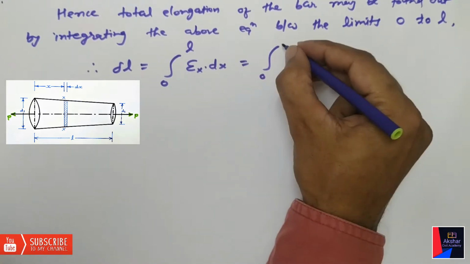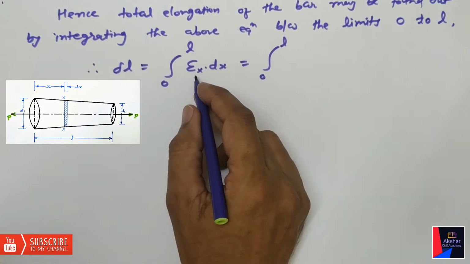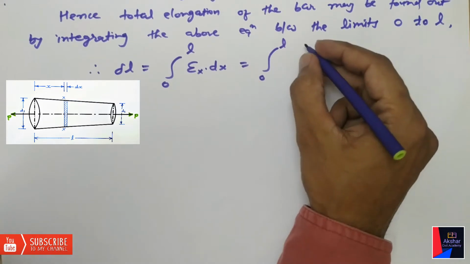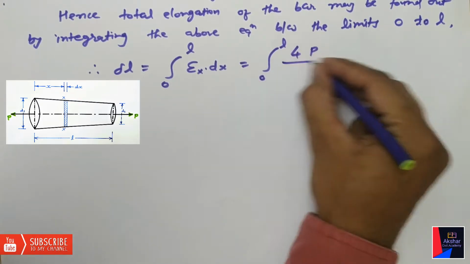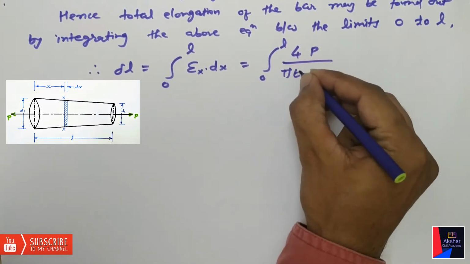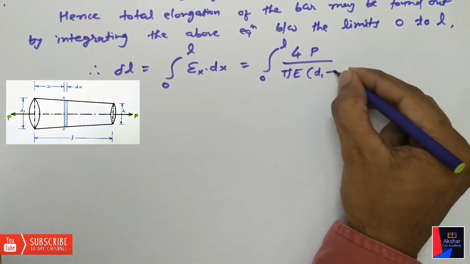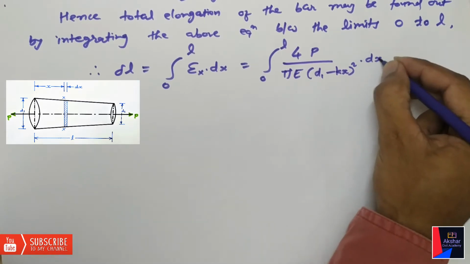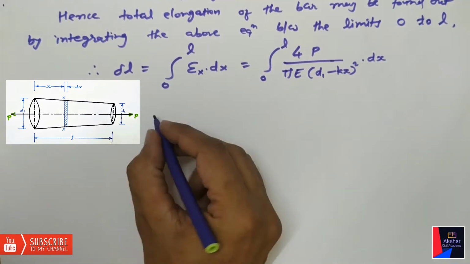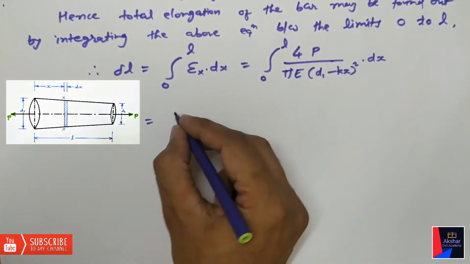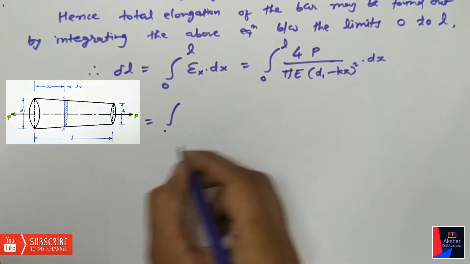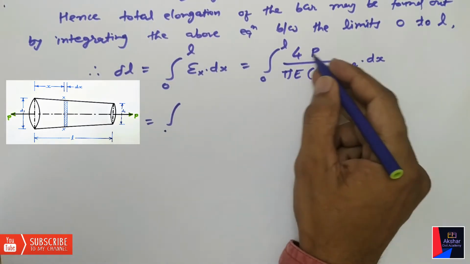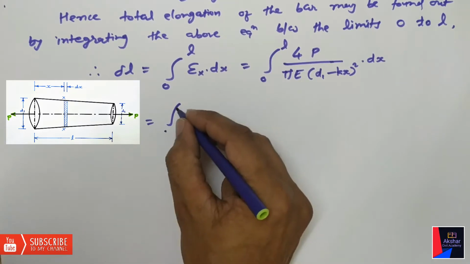By putting the value of epsilon x, as we have discussed, 4P upon pi E d1 minus kx squared into dx, we can take out the constants from the integral.